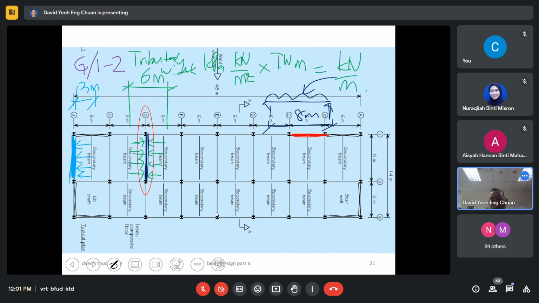Alright, now this beam, its span is 6 meter. What is the QK? What is the load on this beam? This beam carries what load only?